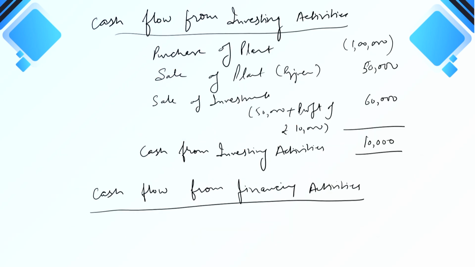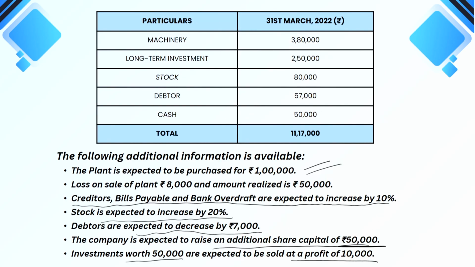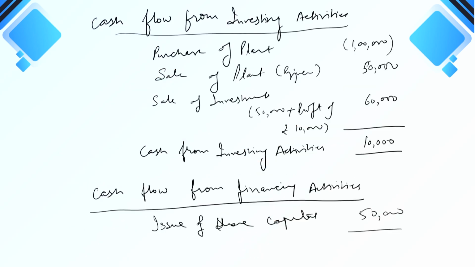So we are going to have financing activities in the form of issue of share capital worth rupees 50,000. And you can see that we have treated all the adjustments given in the question, so nothing is left. So we calculate the cash flow from financing activity, which is going to be 50,000 rupees.